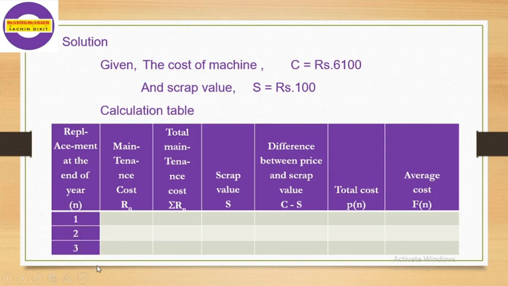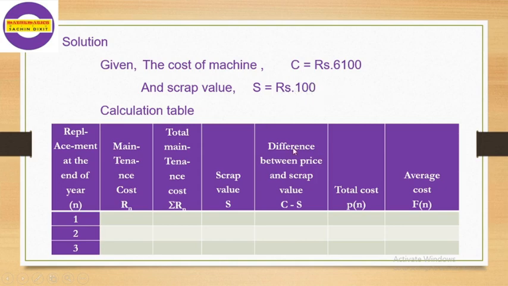Then the maintenance cost, that is Rn, which is given. Then the total maintenance cost, where we add each yearly maintenance cost up to that year. Then the fourth column is scrap value, which is given. In this example the scrap value is constant, that is 100.